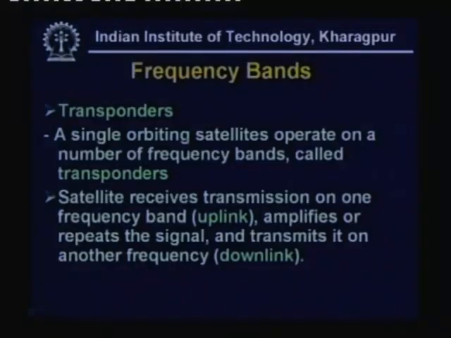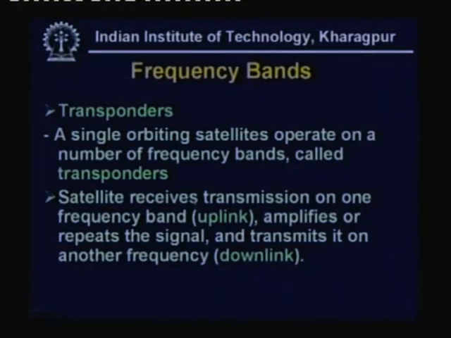Then another very important characteristic is that a single orbiting satellite can have a number of transponders, operating on a number of frequency bands. That means a single satellite can operate on a number of frequency bands within that 4/6 gigahertz frequency band, and with the help of a number of transponders, communication with many ground stations is possible.